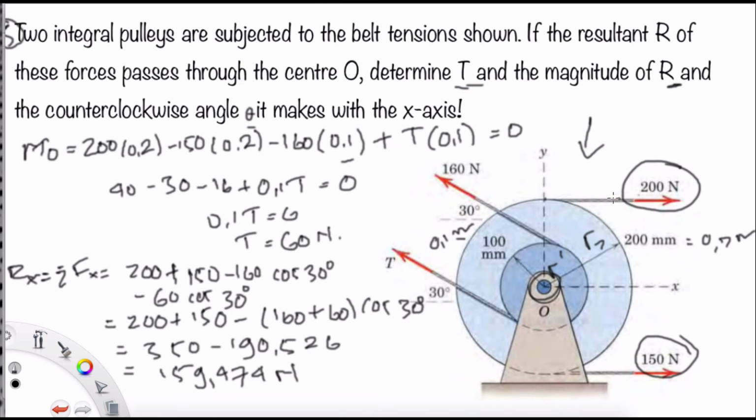We have 200 here, which is normal in the x direction, so directly it will be positive 200, positive 150, and then negative, because here we have the angle. The projection of this force will be 160 cos 30 degrees, and minus 60 for the tension T cos 30 degrees, and we will find this as 159.474 Newton.